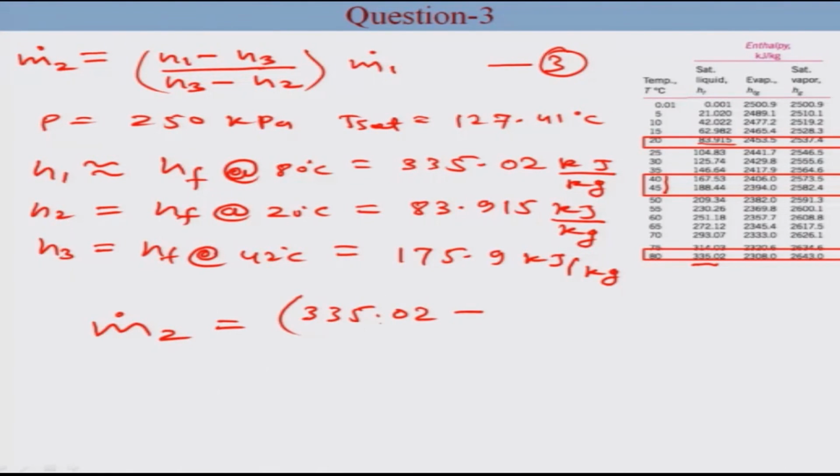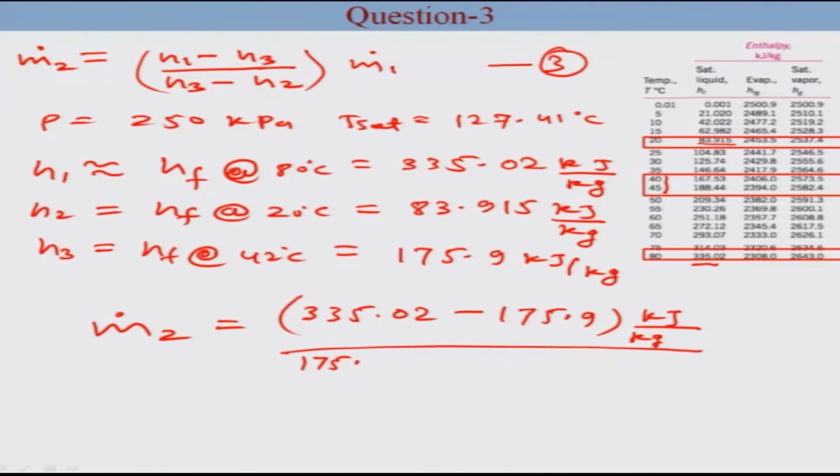So after putting these values in the third expression, we get m2 dot equal to (335.02 minus 175.9) kilojoule per kg upon (175.9 minus 83.915) kilojoule per kg times m1 dot, which is 0.5 kg per second.